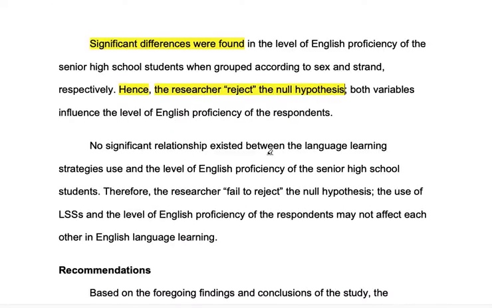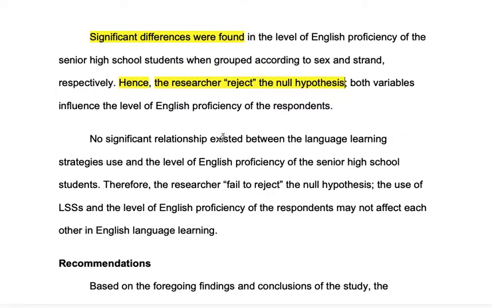Okay? So this time, for research question number 5, no significant relationship was found. Okay? No significant relationship was found between language learning strategies and English proficiency. Therefore, the researcher failed to reject the null hypothesis.